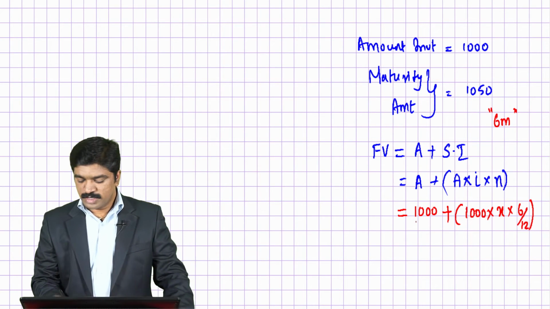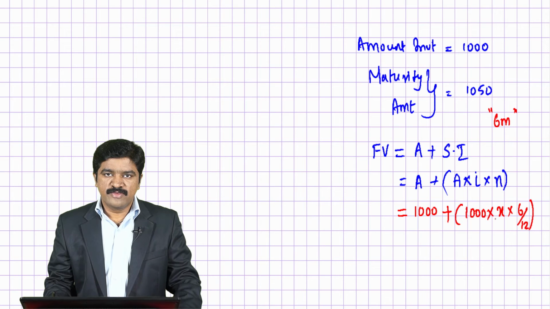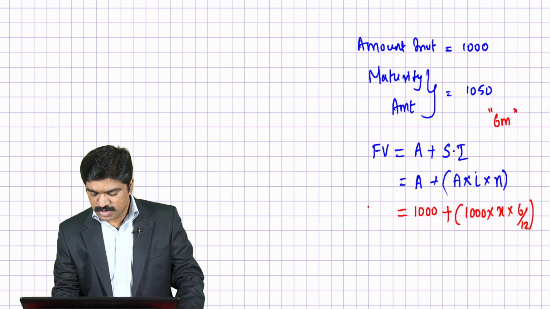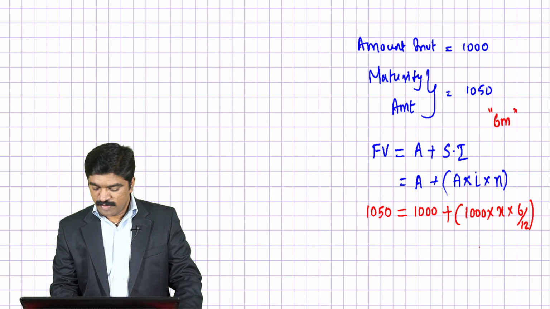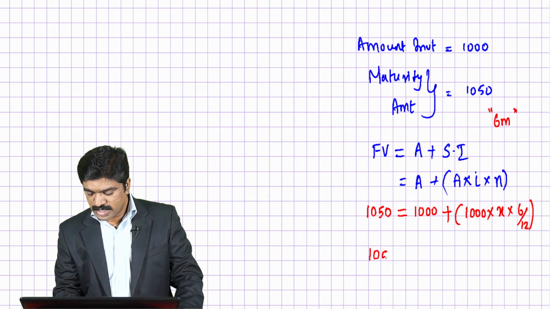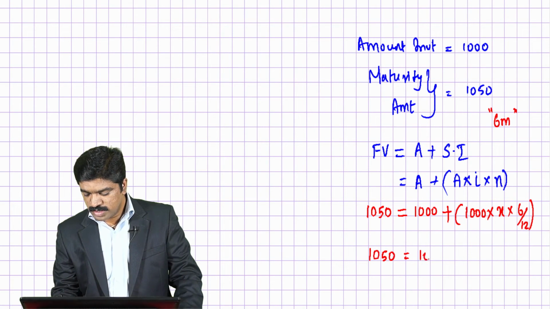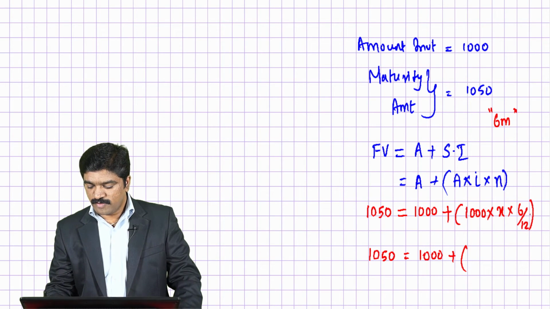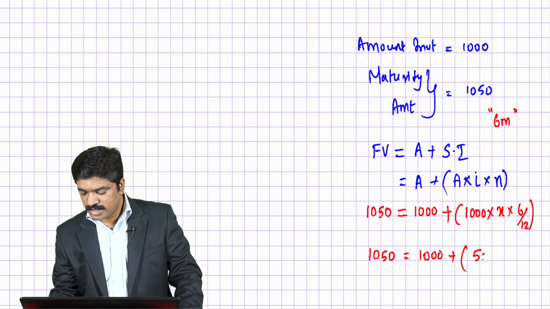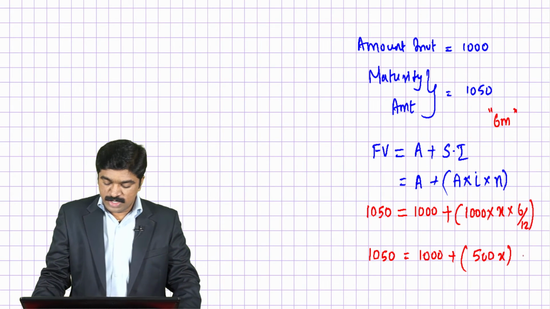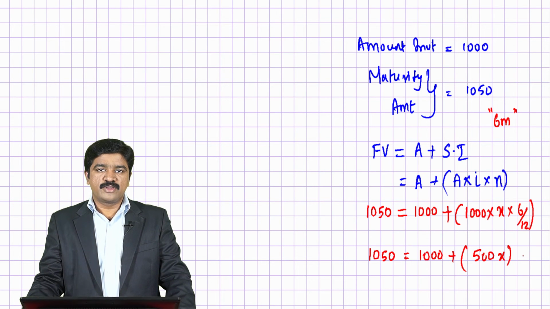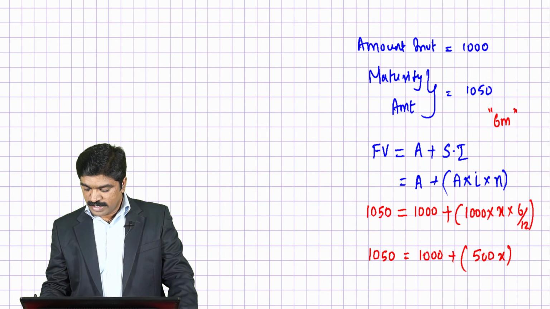So this 1000 plus interest will give you the maturity value, that is the future value, and that was 1050. So you have 1050 is equal to 1000 plus this 1000 into 0.5, which can be written as 500x.